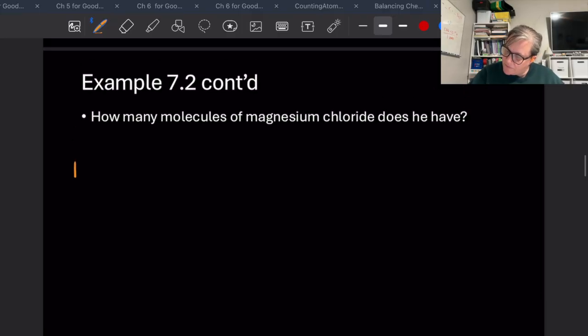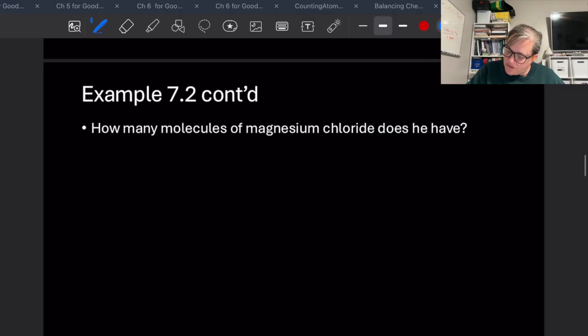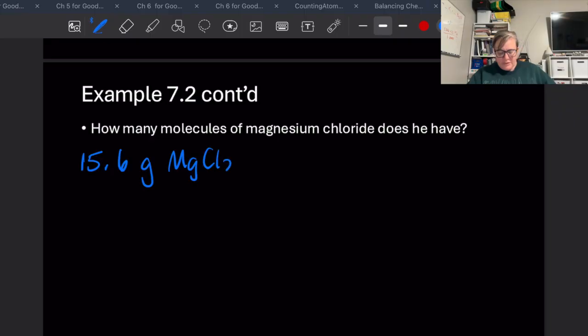Let's switch to a different color because I was just kind of tired of that color. Let's go with blue. So 15.6 grams of magnesium chloride. Now we're going to use that conversion factor.